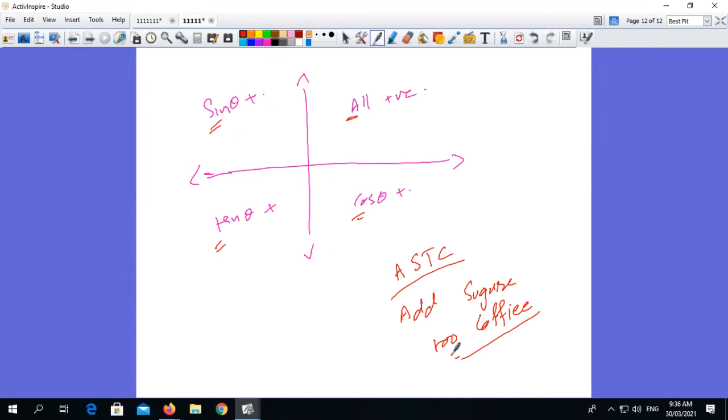Add sugar to coffee means all positive in first quadrant. S for sine, T for tan, C for cos, A for all.